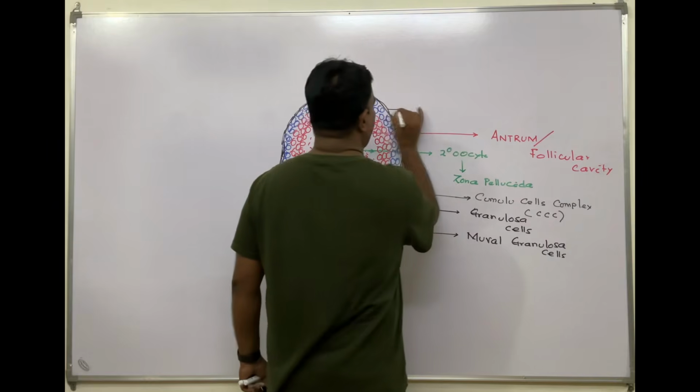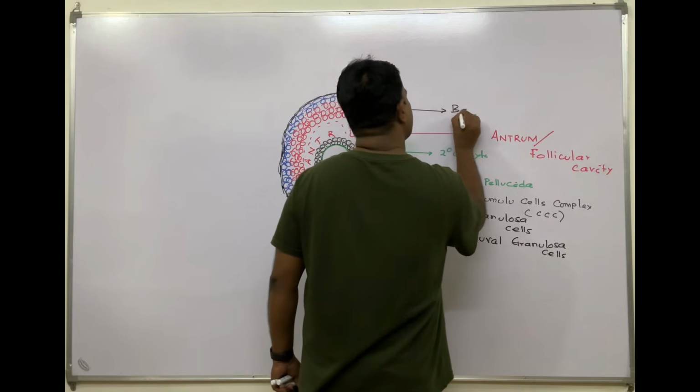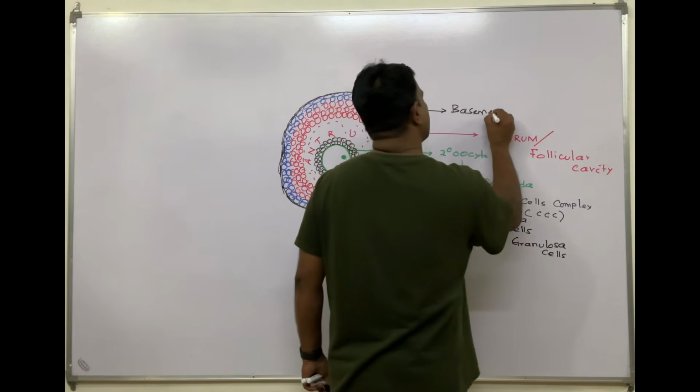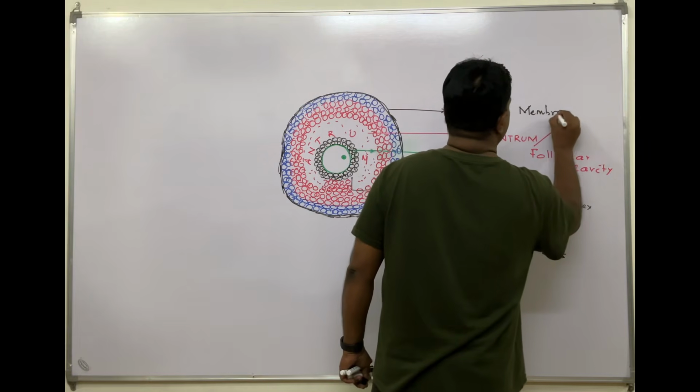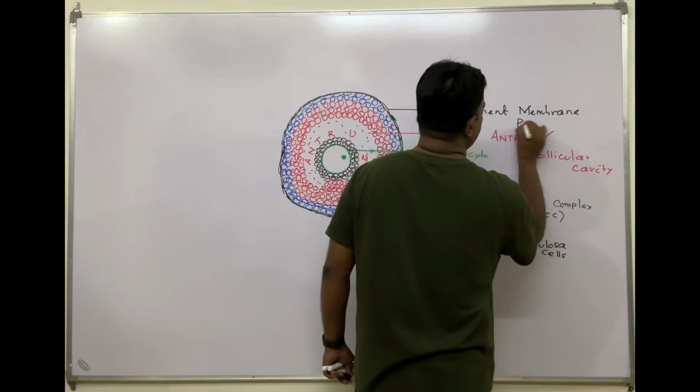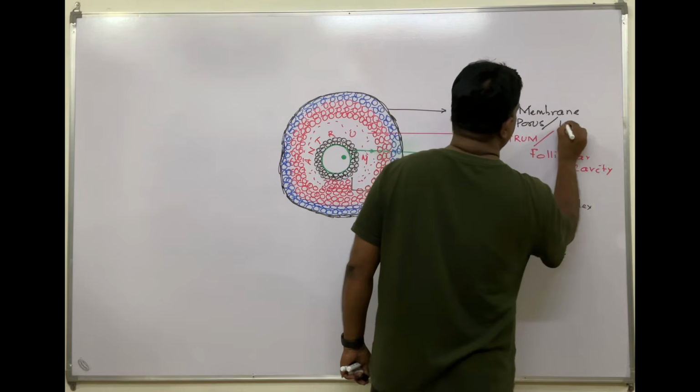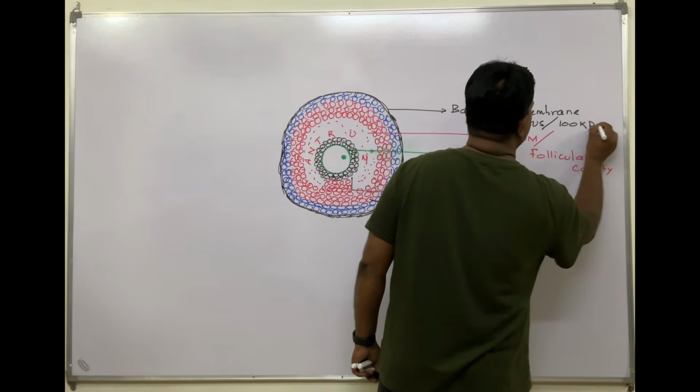So here in this diagram, this is the master basement membrane. Why am I saying master? Because it is porous, and the pore size is around 100 kilodalton.